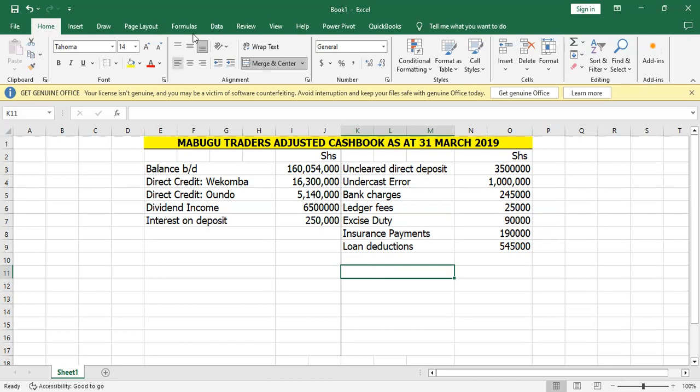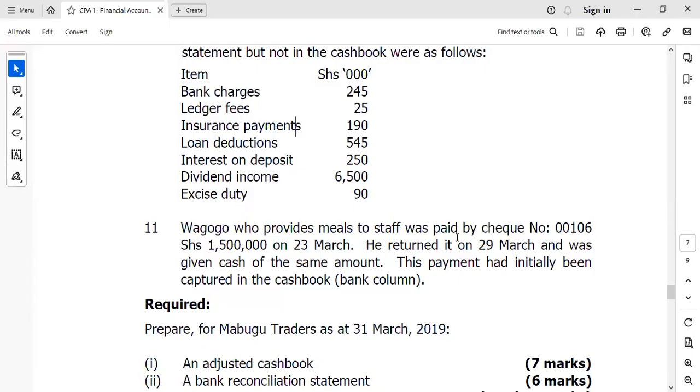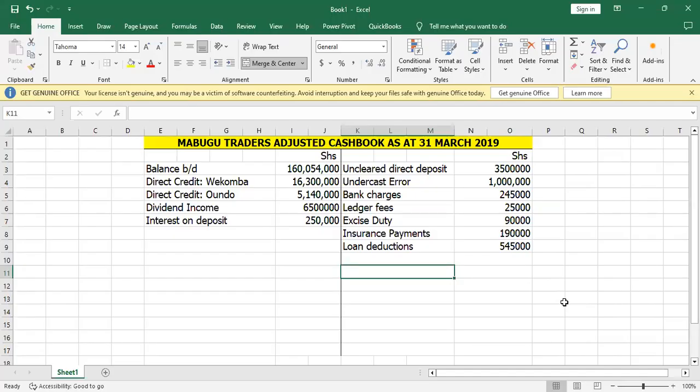No. The last note, the second last, was Wagogo, who provides meals to staff, was paid by check. Returned it on 29th March and was given cash instead. We say that we have to debit our cash book by this amount.